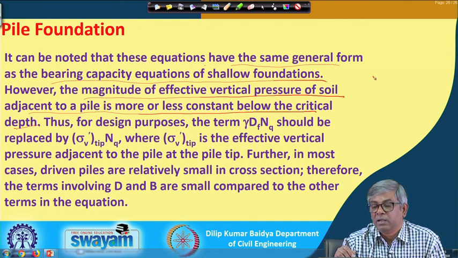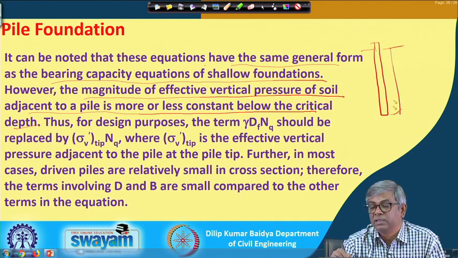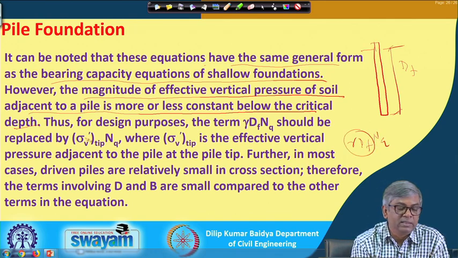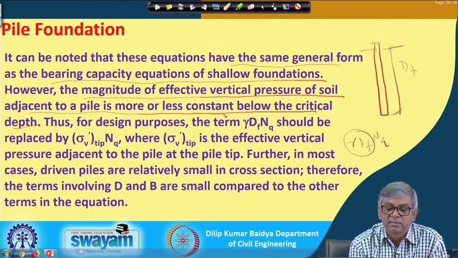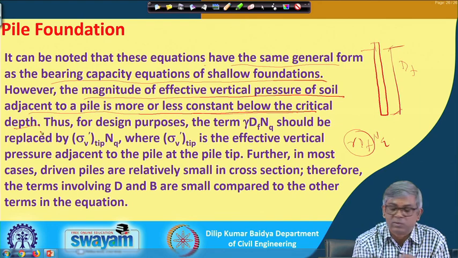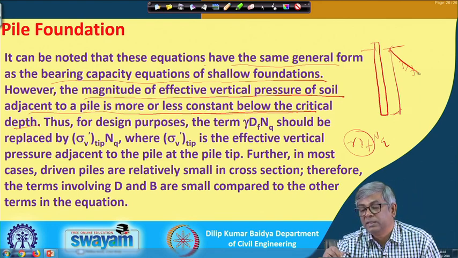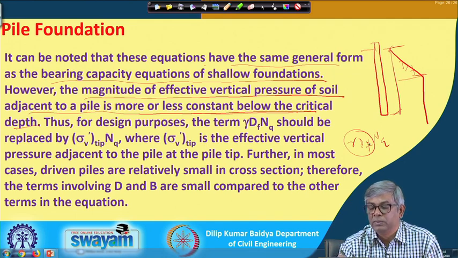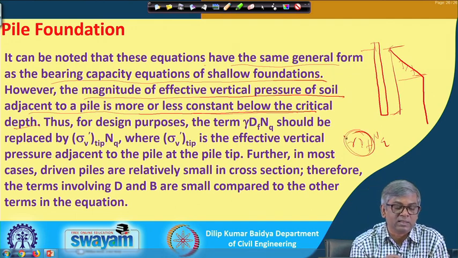So, if the pile is here and I am considering Df, then gamma times Df Nq is what we are considering. As I have mentioned previously, the pressure adjacent to the pile is more or less constant at critical depth. So, we take a pressure diagram something like this. So, instead of gamma Df Nq, we can take gamma dc actually.